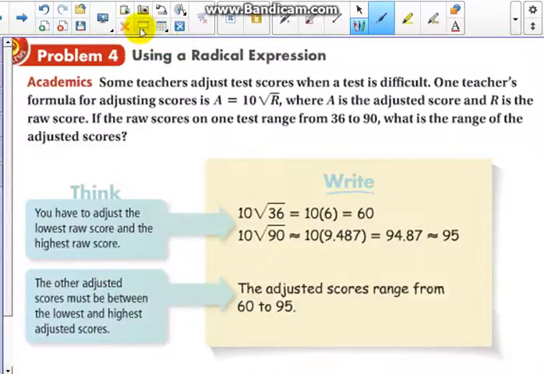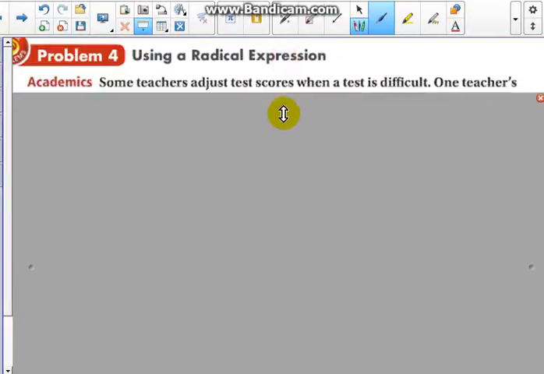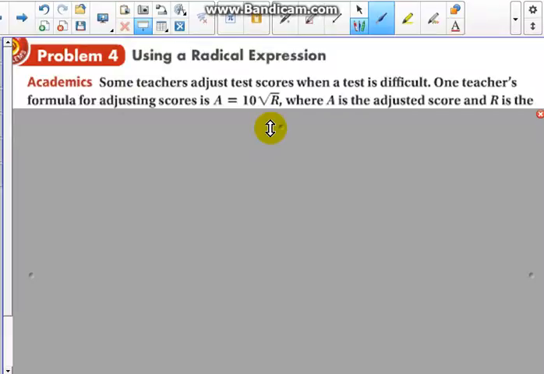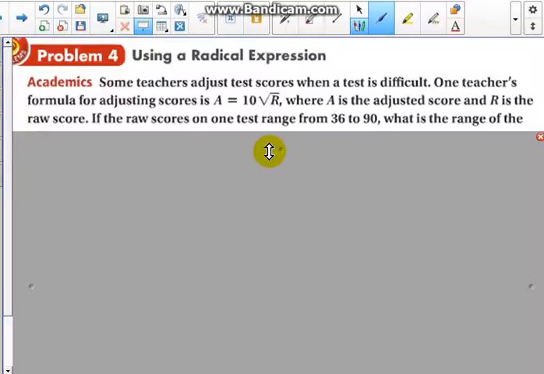And problem 4, the last problem we're going to go through, says some teachers adjust test scores when a test is difficult. One teacher's formula for adjusting scores is A equals 10 times radical R, where A is the adjusted score and R is the raw score.